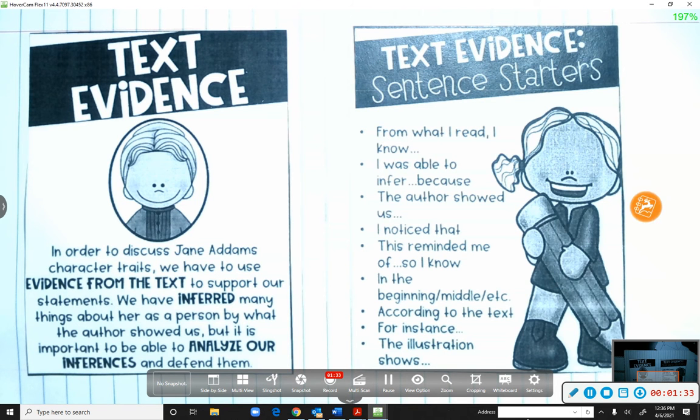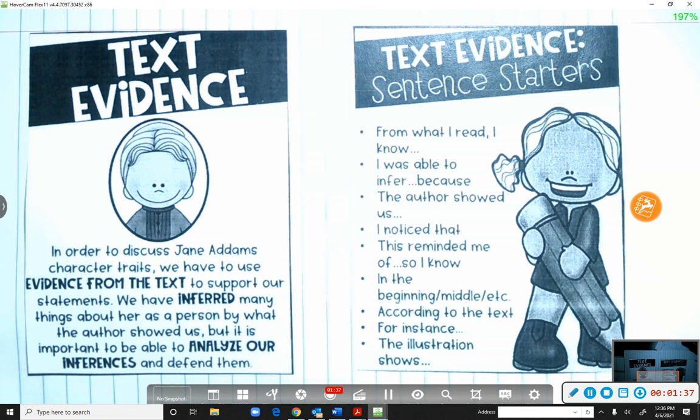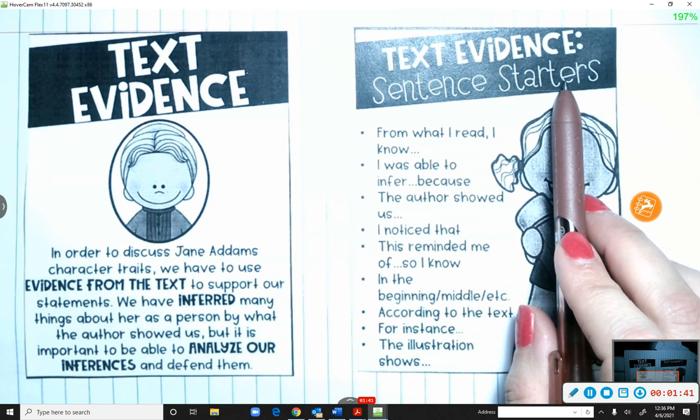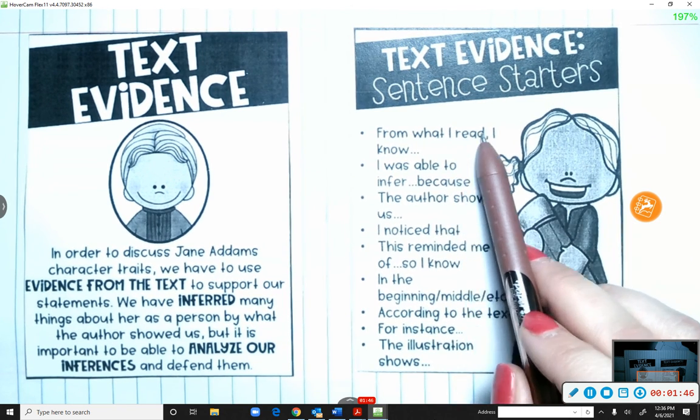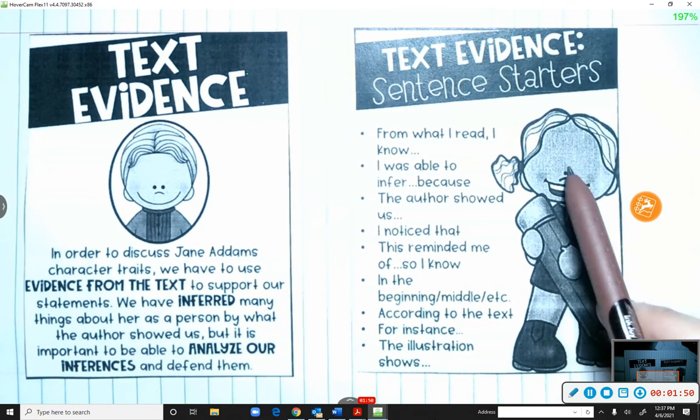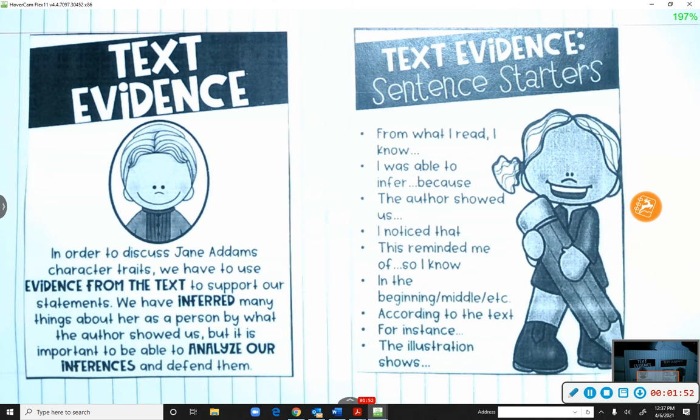Okay, so the other thing that we were adding to our journal was text evidence starters. Starters mean how you can start your sentence when you're describing or giving the evidence. From what I read, I know she's brave because she did blah, blah, blah. So you fill in with your support.